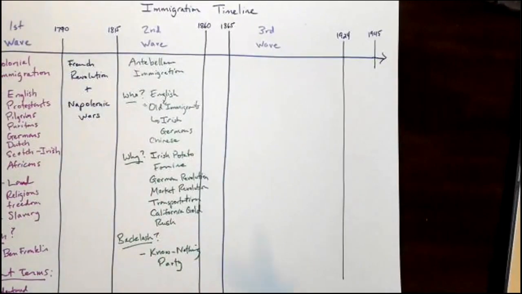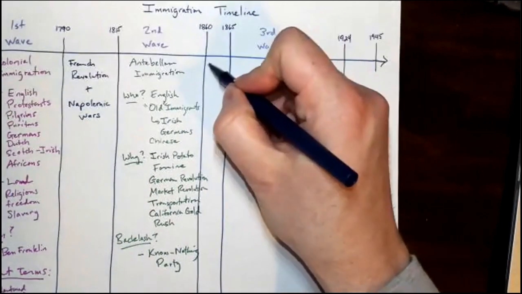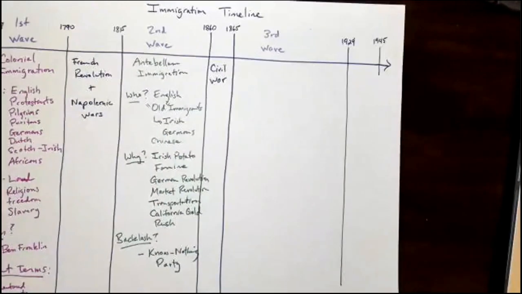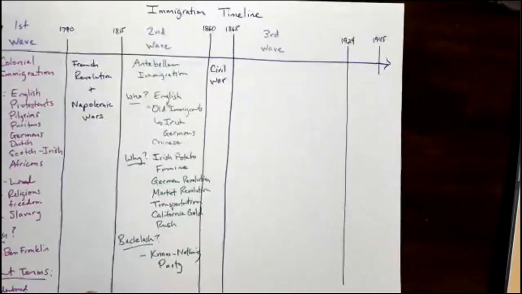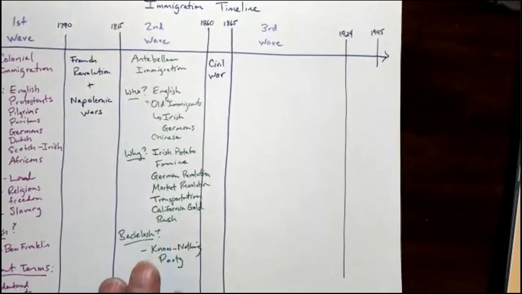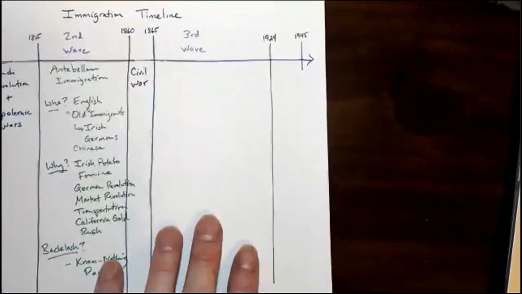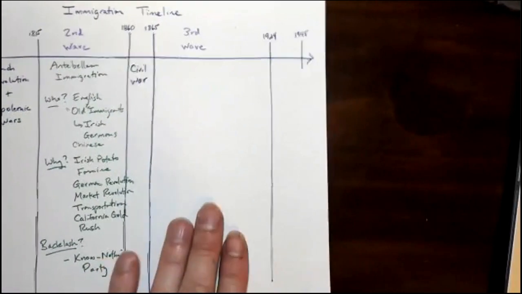Moving right along, we're going to see a disruption in immigration because of the Civil War, which makes sense because who's going to want to go to a country that is at war with itself? There were immigrants that were still coming, but we see a smaller number compared to the wave that was happening in the 1840s. And then after the Civil War, we see a new wave emerging, which is our third wave.